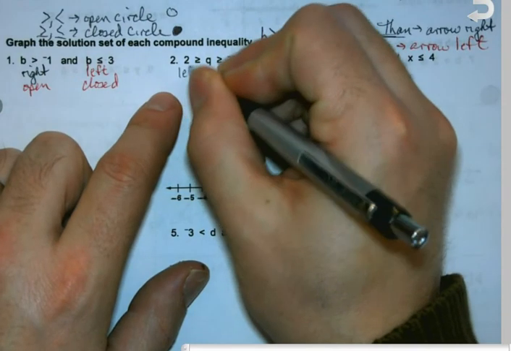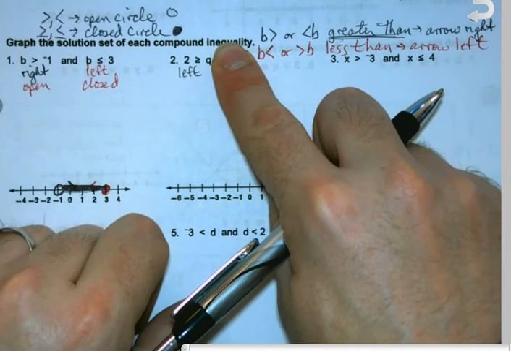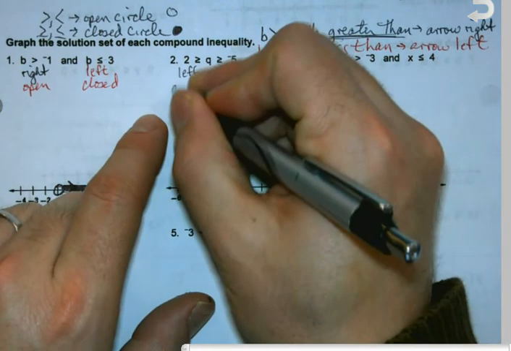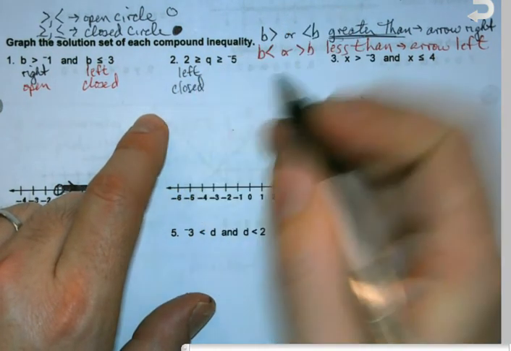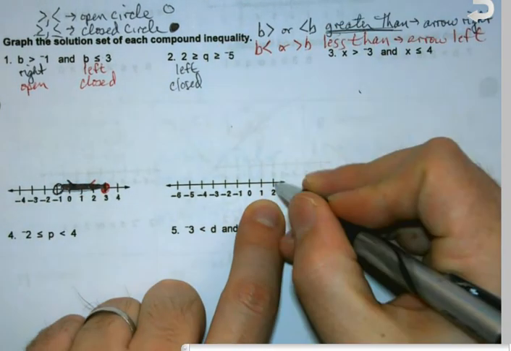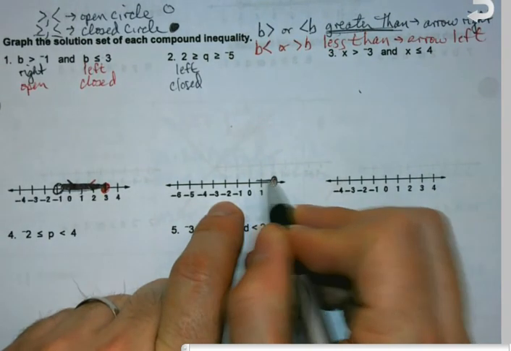Less than is going to be to the left. And what type of dot am I going to have there? Closed, because the line's colored in. So I go to where it's 2 and close my dot. That arrow is going to the left.